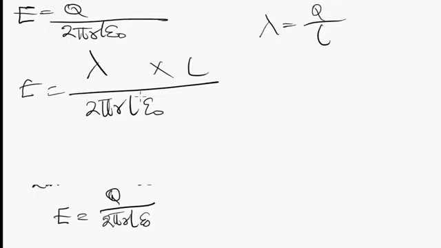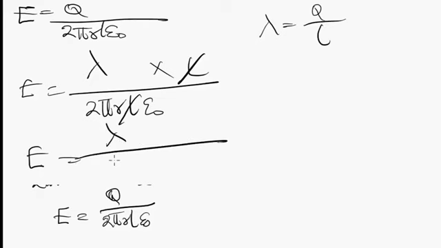If I multiply this, I cancel off L, and ultimately I'll have E to be lambda over 2 pi R epsilon naught. So this gives us the electric field using the linear charge density.